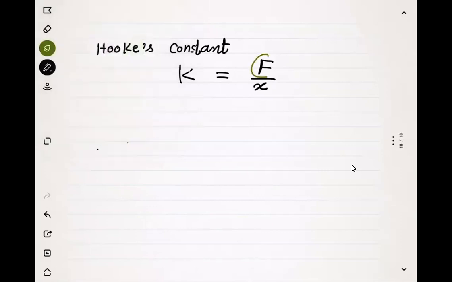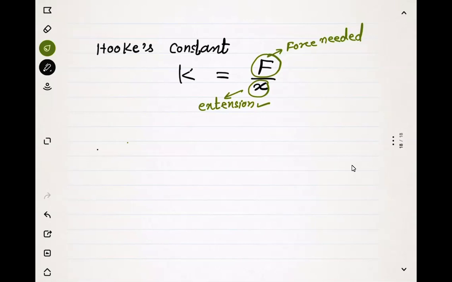Because F is the force needed to extend an object by 1 meter, and x is how much extension you will achieve. How much force is needed to extend an object by 1 meter depends on the area of the object. Thicker objects extend more.